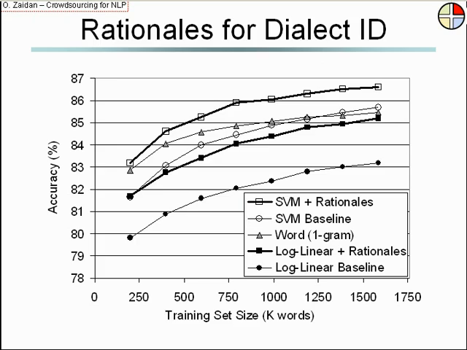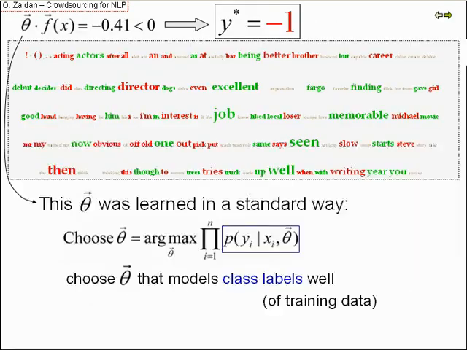Now I want to show you an example of a movie review and see how it was misclassified by a standard log linear model, but it was correctly classified by the modified model. This is the bag of words representation of this particular document, and for each word I'm showing it either in red or green to reflect whether its weight was positive or negative, and the size of the word reflects the magnitude.